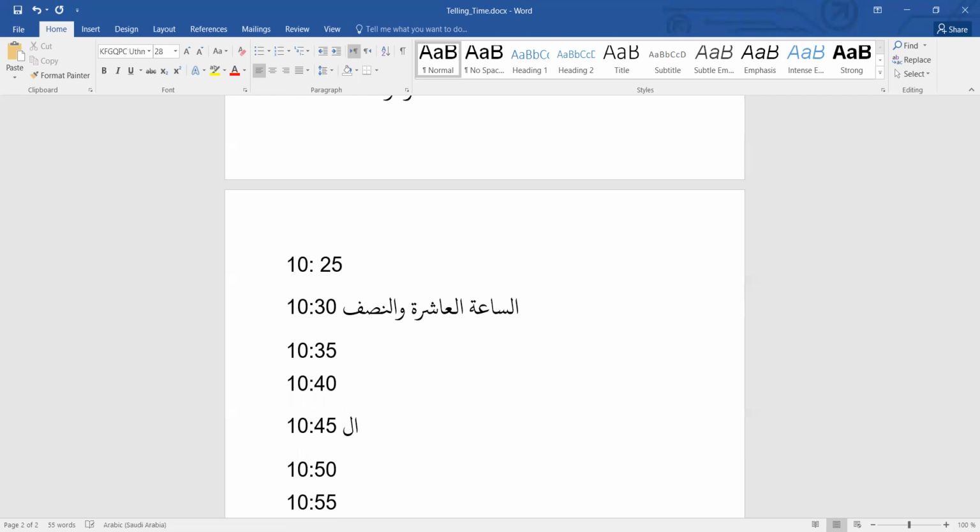Can someone tell me the ordinal number of 11? الحادية عشرة. Yeah, al-hadiyata ashra. But it's not al-hadiyatu, it's al-hadiyata. Sorry, حادية. Yeah.